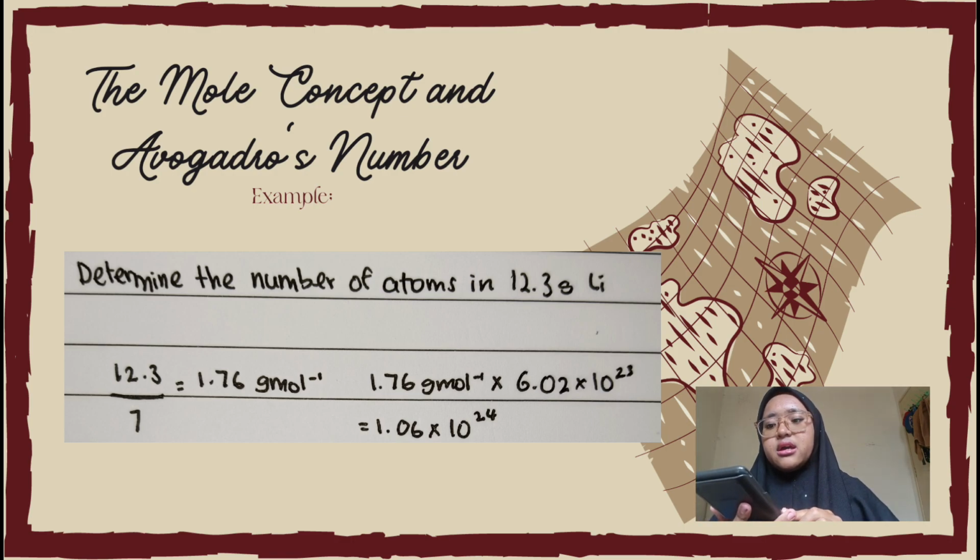Then, the moles that we gained from the calculation, now we multiply it by Avogadro's number, which is 6.02 multiplied by 10 to the power of 23. So here we get the answer, which is 1.06 multiplied by 10 to the power of 24.